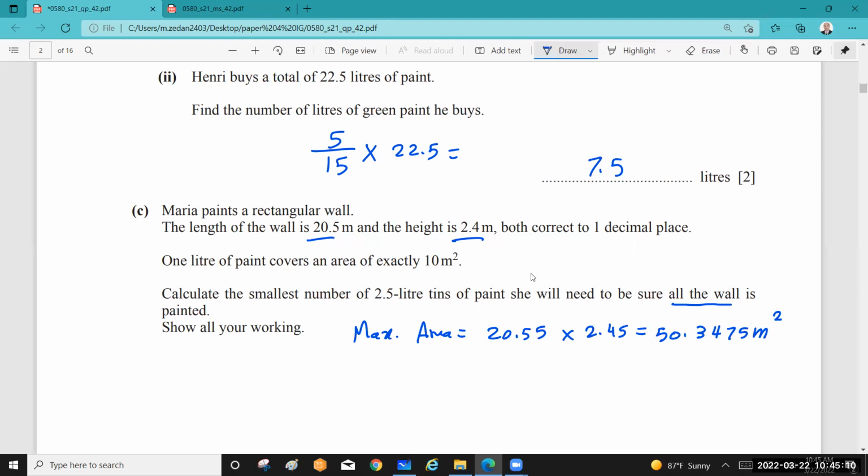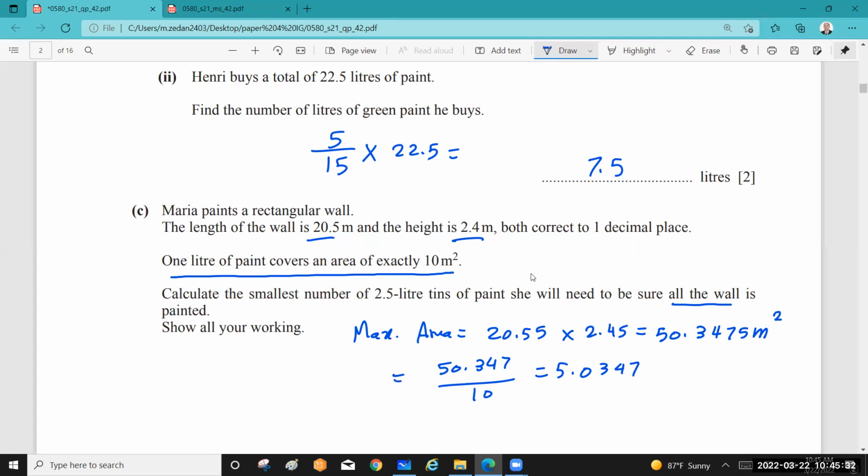But here it's mentioned that 1 liter of paint covers exactly 10 square meters. So I need to divide this area, 50.3475, by 10 to get 5.0347 and so on.